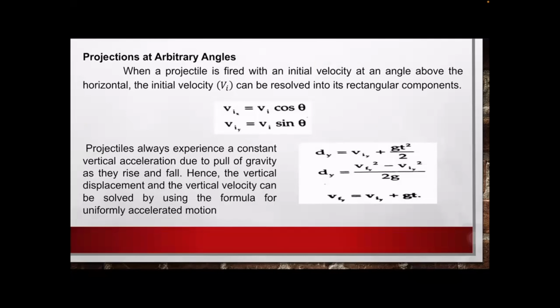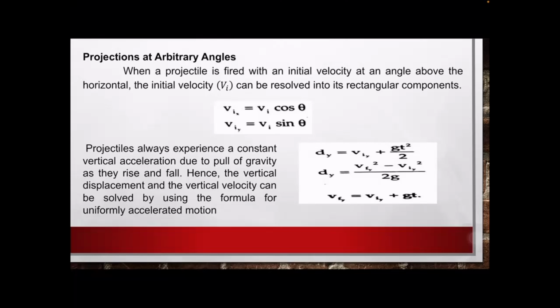Okay, so let's have the projection at an arbitrary angle. When a projectile is fired with an initial velocity at an angle above the horizontal, the initial velocity Vi can be resolved into rectangular components. So ito po siya.